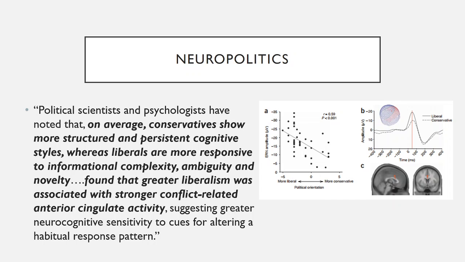And overall, the researchers found that greater liberalism was associated with stronger conflict related anterior cingulate activity. You might be thinking that that all sounds completely confusing and incomprehensible to you, and I don't blame you. That is some pretty jargon heavy language, and it's pretty hard to understand.